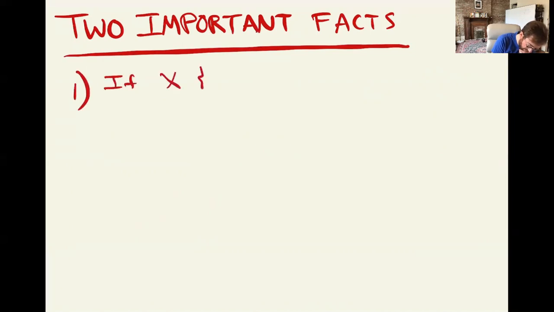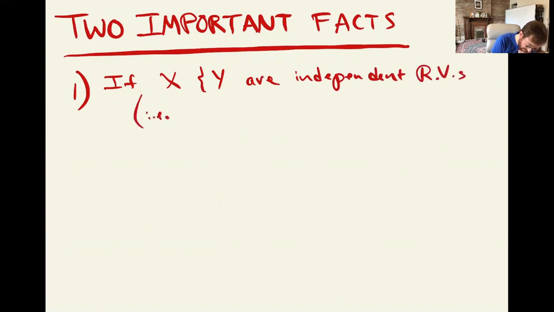if X and Y are independent random variables. So remember, this means that the probability that big X equals little x, big Y equals little y, or this joint PMF that we've been doing, this ends up equaling the product of each of these two.